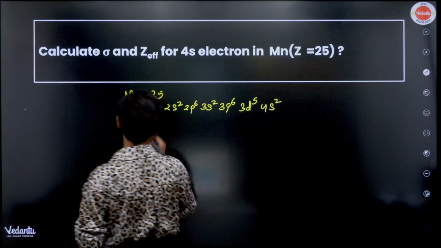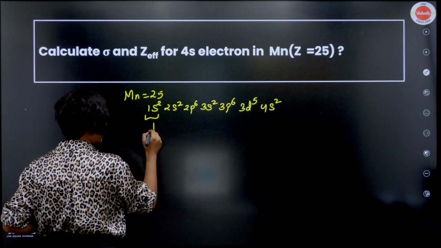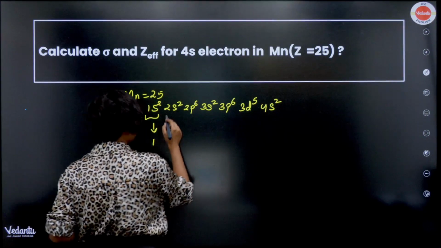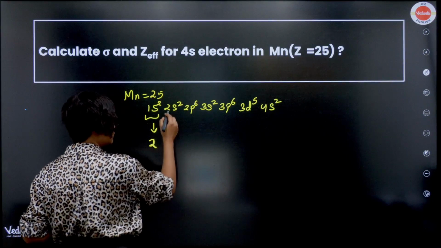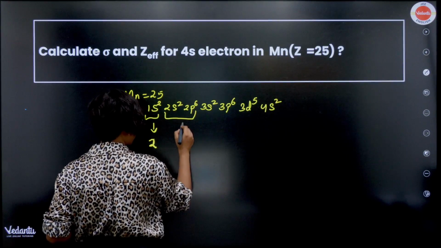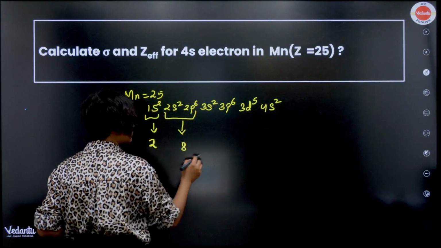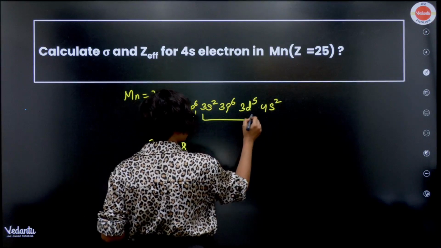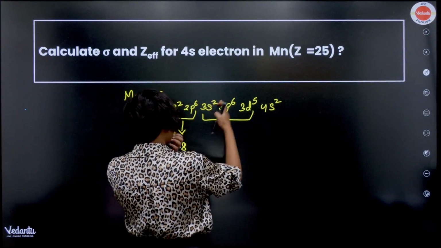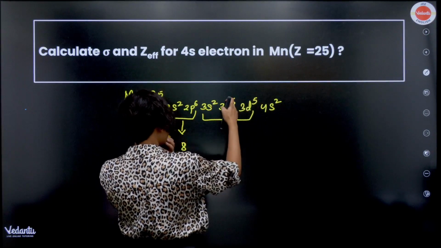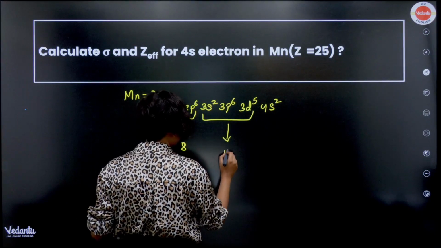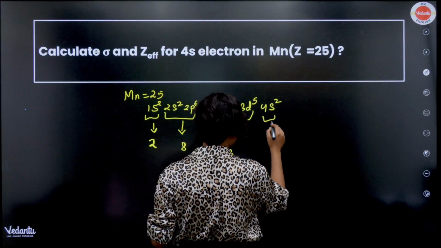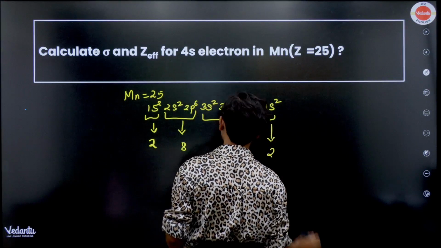Now see, in this case you have 2 electrons. In this you have 8. In this case, how many do you have? You have 2, 5, 6, 11, 12, 13. You have 13, and here you have only 2.